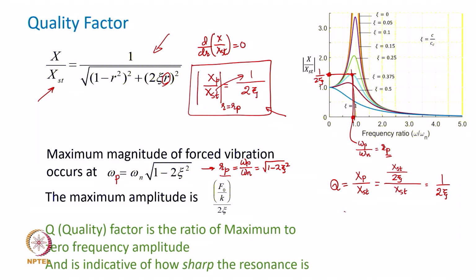Just to give you an idea about this quality factor, if I take zeta equal to, let us say, 0.01, then obviously you have this as 1 upon 0.02, which gives you what value? 50. Quality factor is 50 for a damping ratio of 0.01.